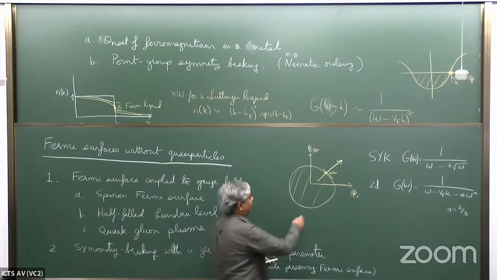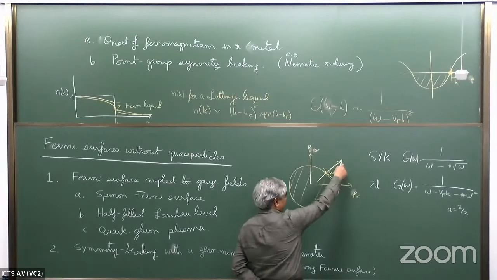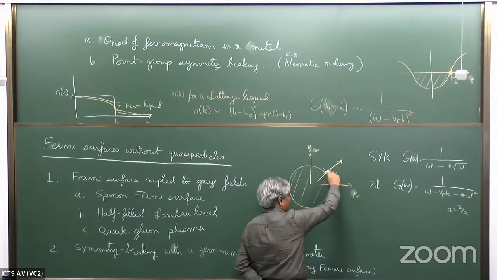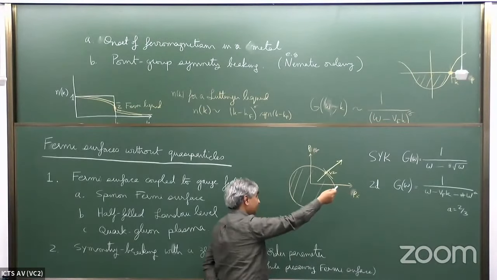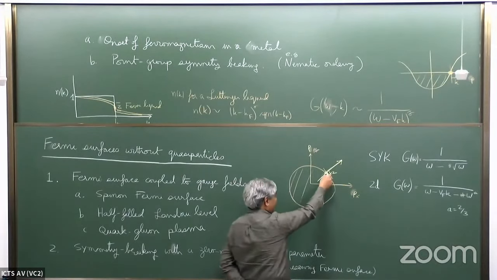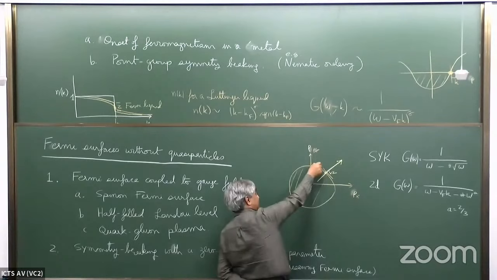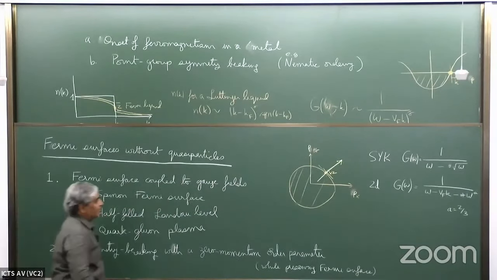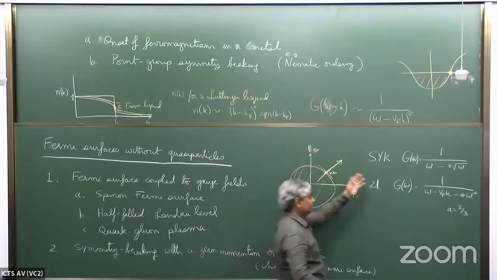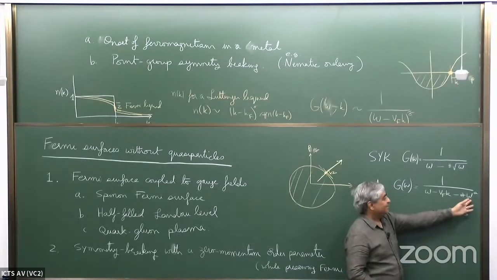The dominant scattering in a Luttinger liquid, if this was a Luttinger liquid, would be electron scattering from here to there, and that's what leads to that non-Fermi liquid behavior. As we'll see, the dominant scattering of an electron here will be in this direction, orthogonal to the Fermi surface. And when you put that all together, it leads to this rather local self-energy. That's a bit of a surprise, but I'll show you how that happens.